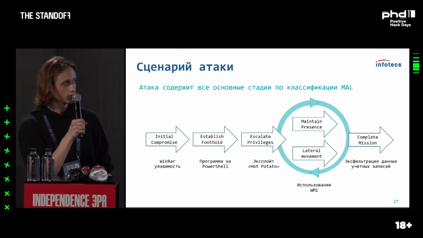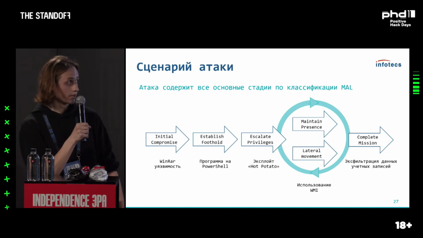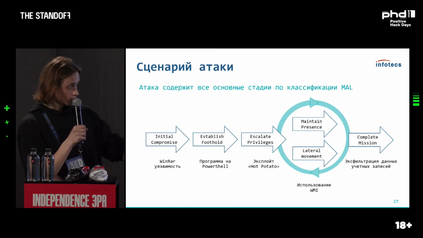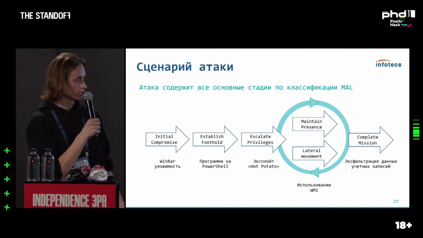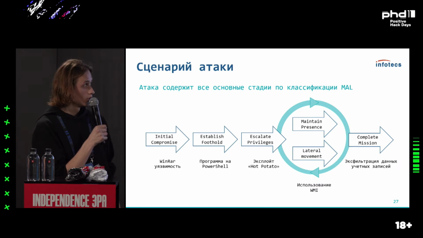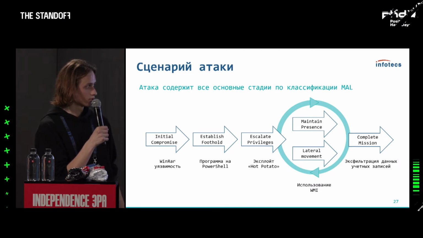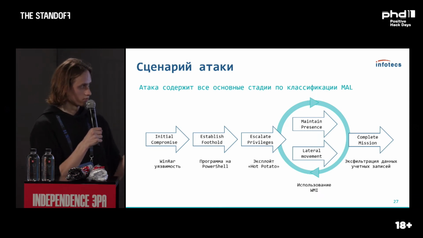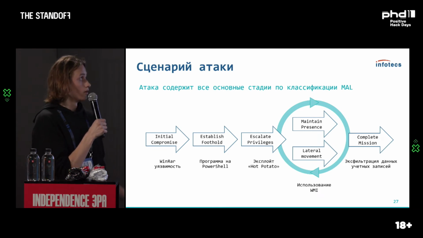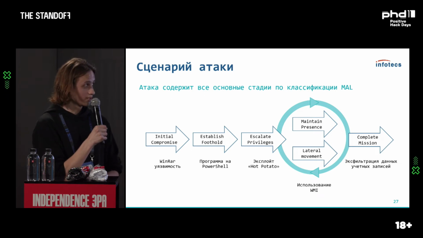Then they started moving in a lateral direction using WMI, etc. This cycle would always mean the interaction with the command server. They collected all of the data of the users and they exfiltrated the user data successfully.